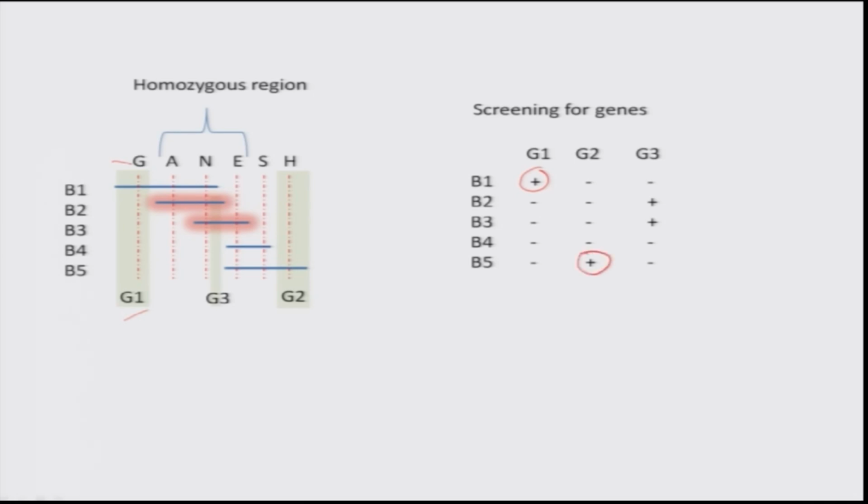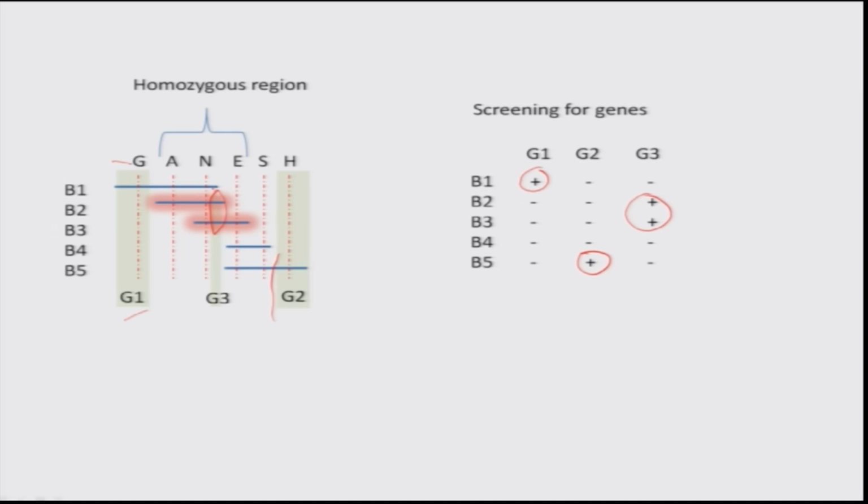Likewise, G2 is located only in B5, therefore its position is a region not shared by any other BAC clone, whereas G3 amplified by both B2 and B3, but not by any other clone, and this is the only region which is not present in other BACs.